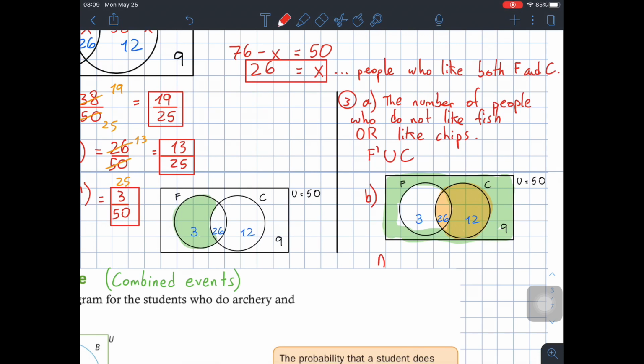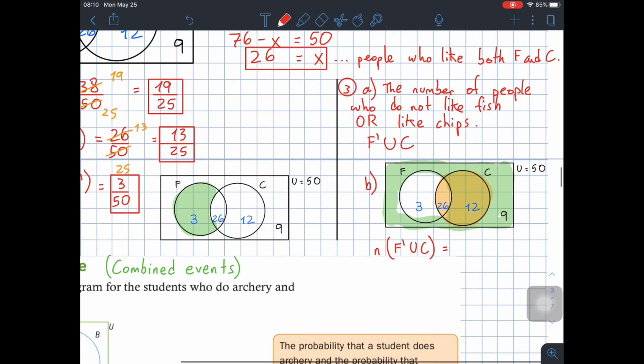So the number of F prime union C, this is just to avoid confusion, this is a small n, number of people who do not like fish or like chips would be equal to 26 plus 12 plus 9, which is equal to 47.